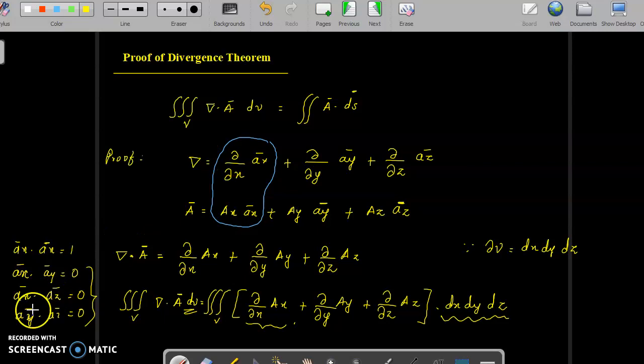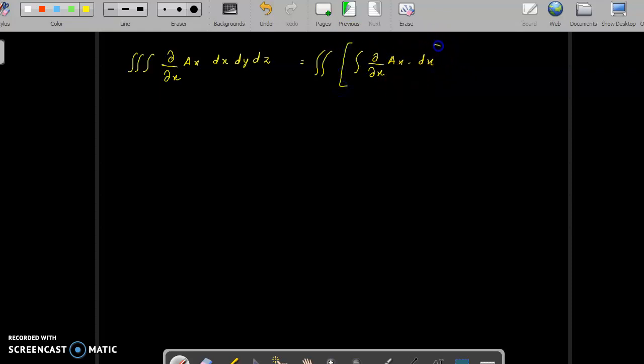Let us see the first term: the volume integral of the partial derivative of the Ax component of the vector, with dx dy and dz. So this we can rearrange as the integral of d Ax, then dx dy dz.